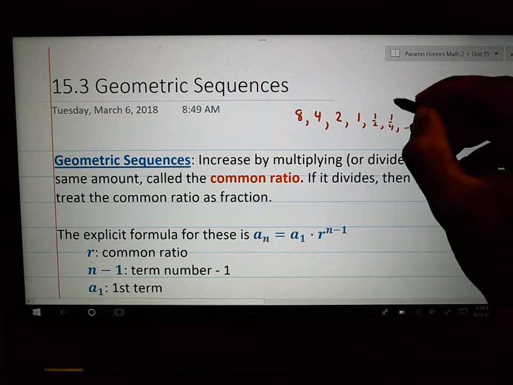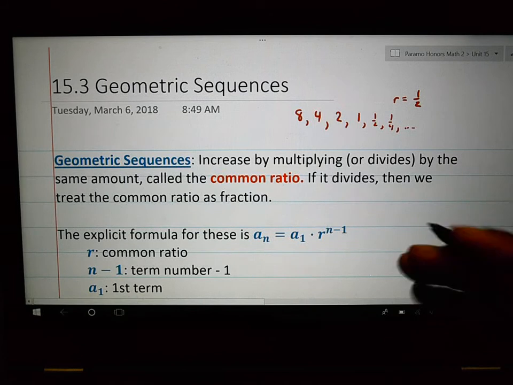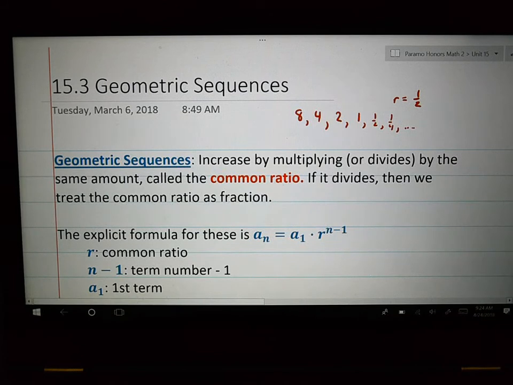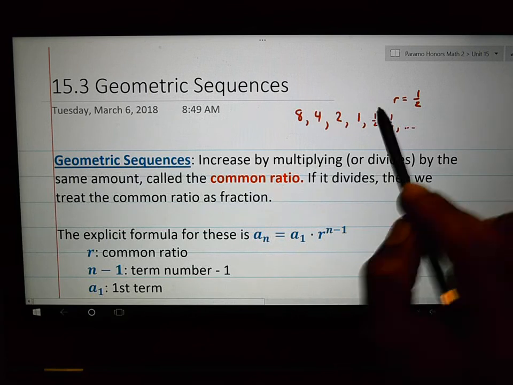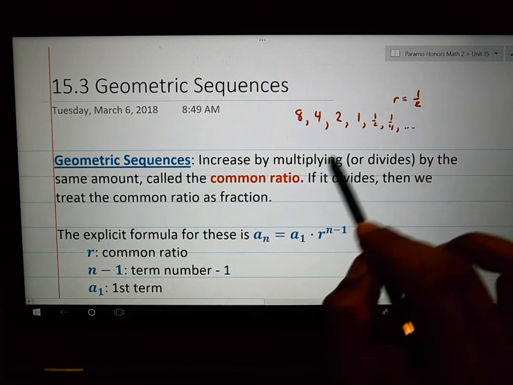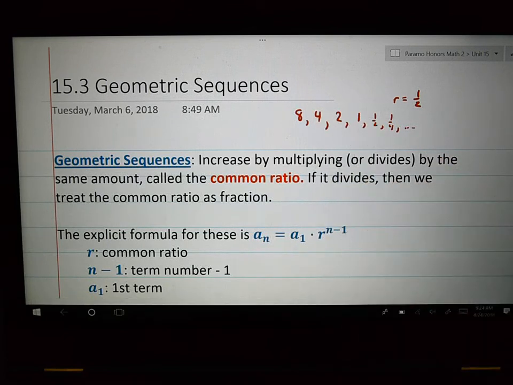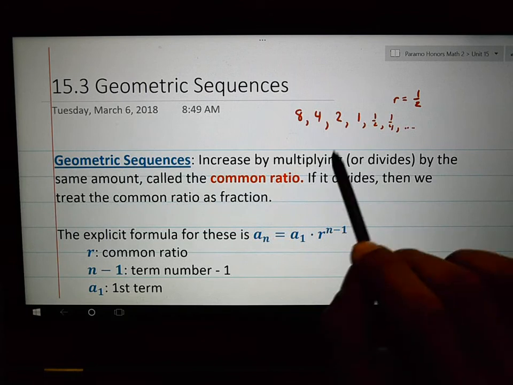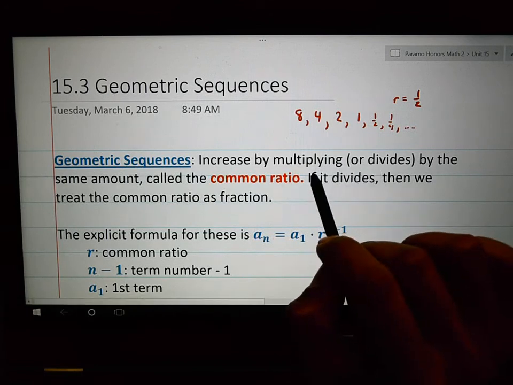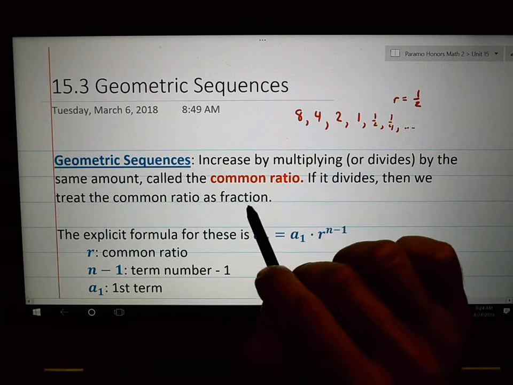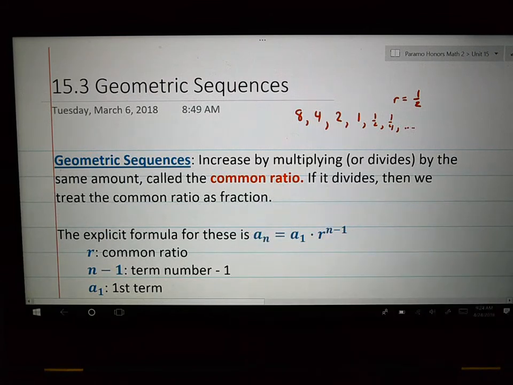Your R for something like this you would treat as a fraction. You're multiplying 8 by 1/2. Half of 8 is 4. Half of 4 is 2. Half of 2 is 1, and so on. Treat anything that's dividing as multiplication by a fraction for the common ratio.